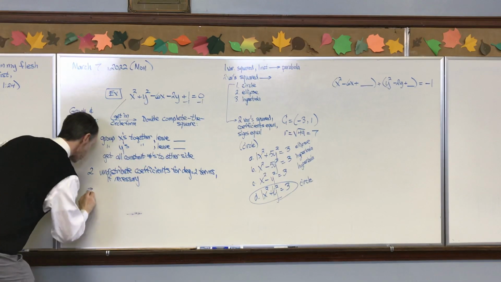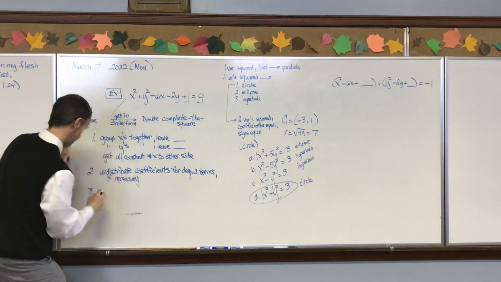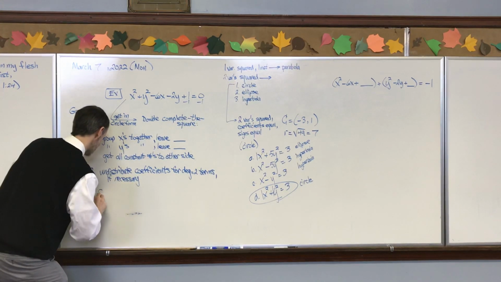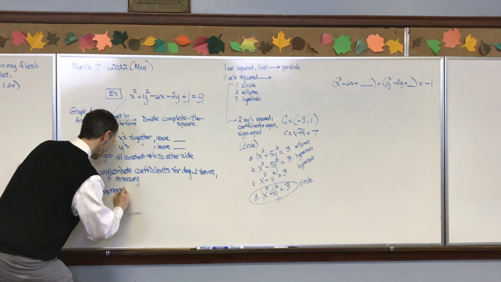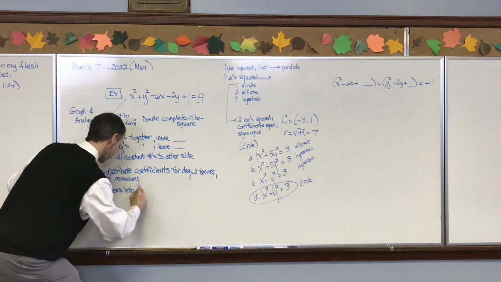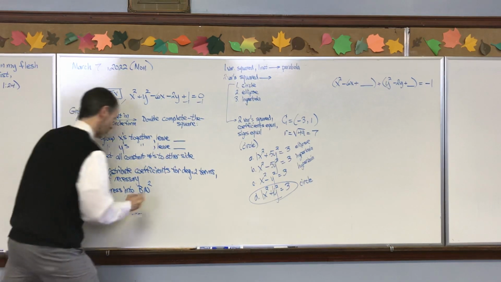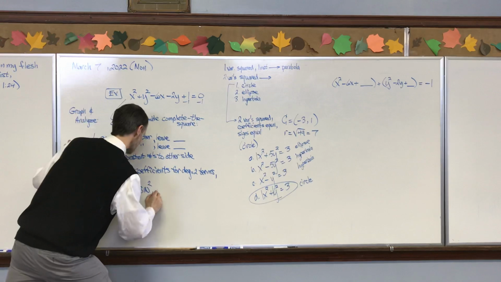Step 3. Compress into binomial squareds and balance the other side.